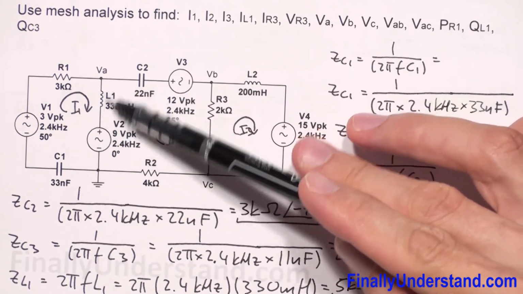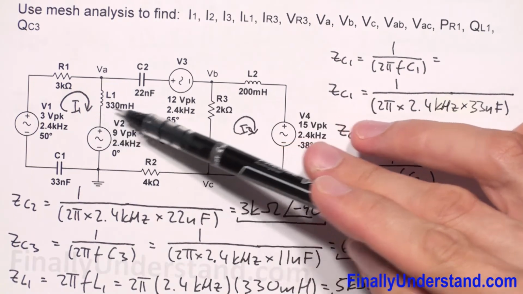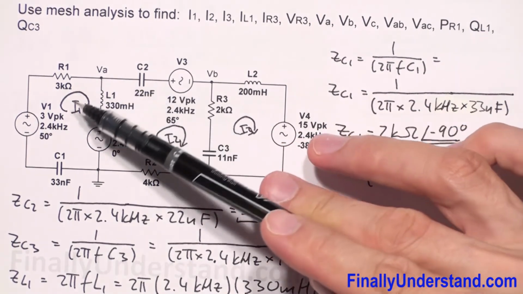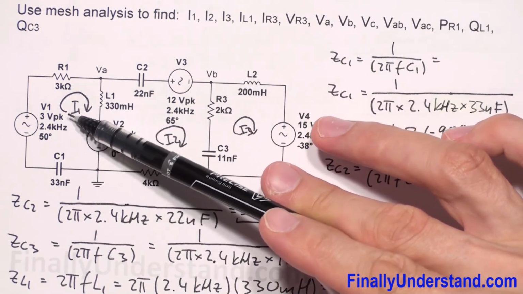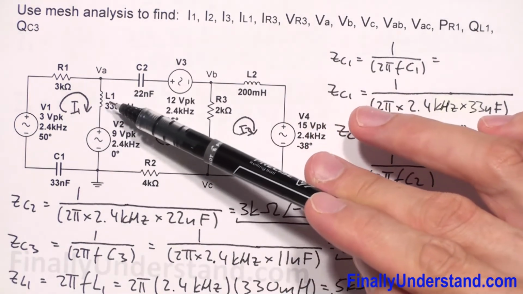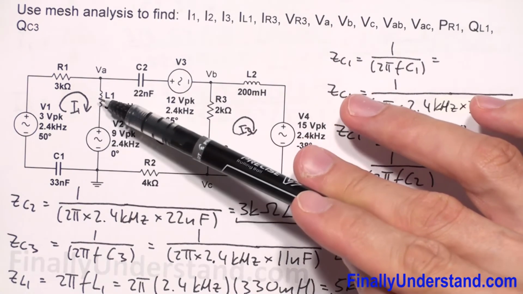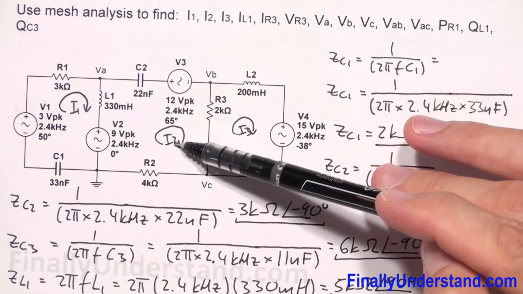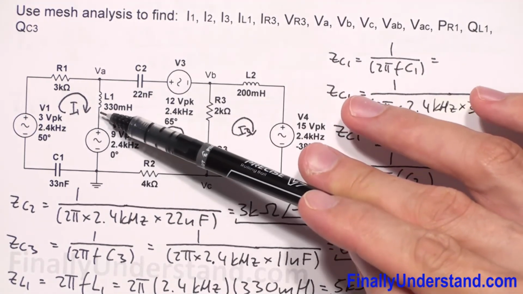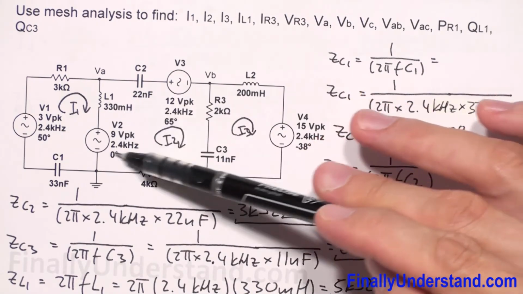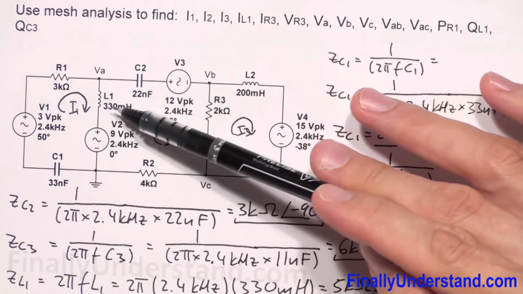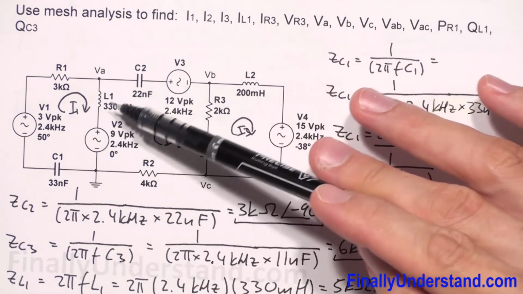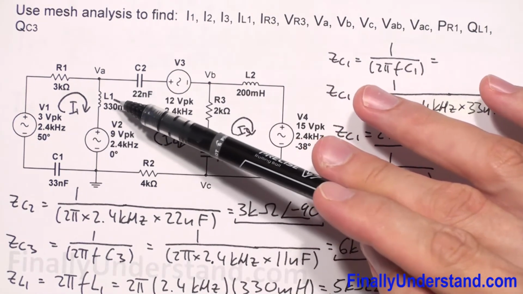So the current which will flow through this inductor is the combination of these two currents. Please notice that I1 theoretically is going to approach this component from the top. I2 is going to go to inductor L1 from the bottom. So simply we're supposed to subtract these two currents in order to find the current IL1.